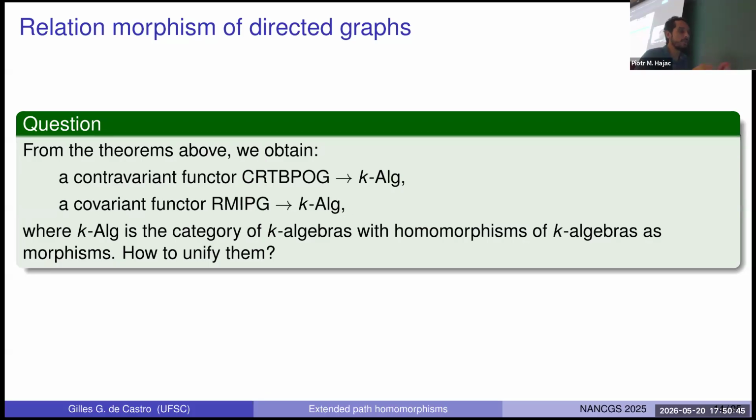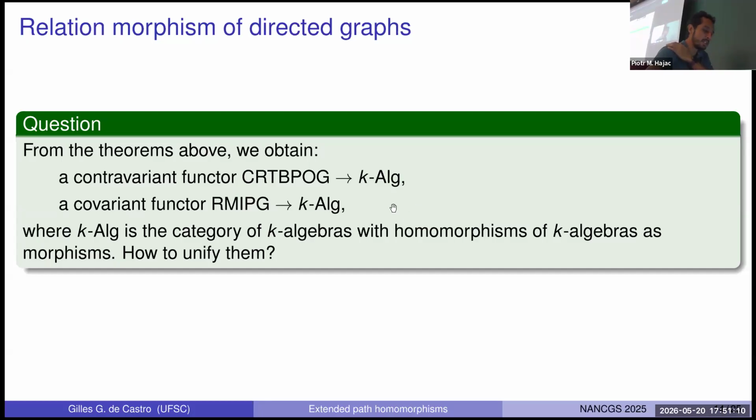And there are some examples, when studying pullbacks of left path algebras, where you kind of need both of them. So there are some results on pullbacks, which they call the mixed pullback theorems, because you need both of these functors. But the idea is that we want just one functor. So we wanted this to be unified.